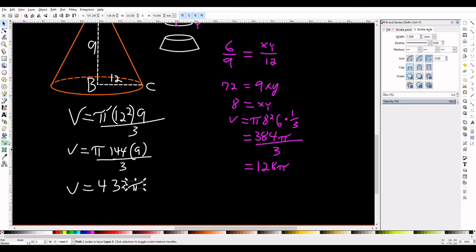Lastly, we'll merely subtract. Minus 128 pi. And that will give us 304 pi.